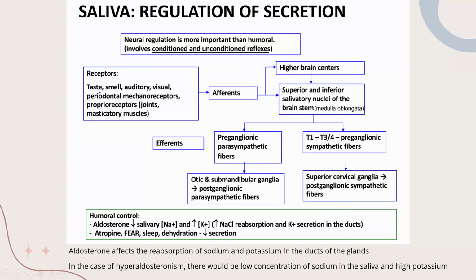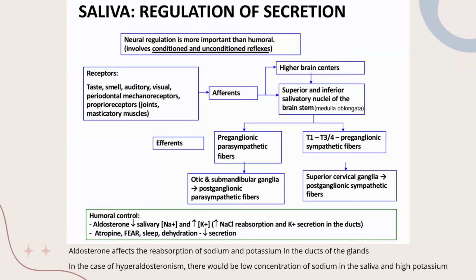So we have receptors: taste receptors, smell receptors, auditory, visual, periodontal mechanoreceptors. Periodontal mechanoreceptors, basically, are mechanoreceptors in your mouth which can detect forces. So as you're chewing, they can detect the forces of the chewing.